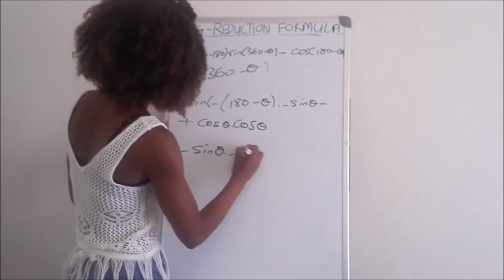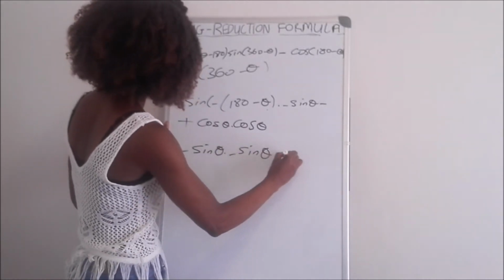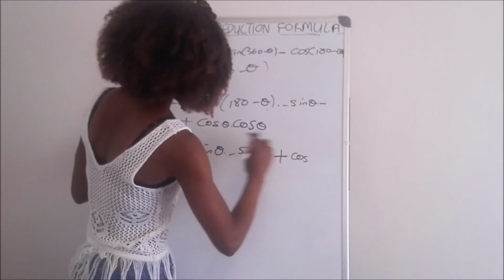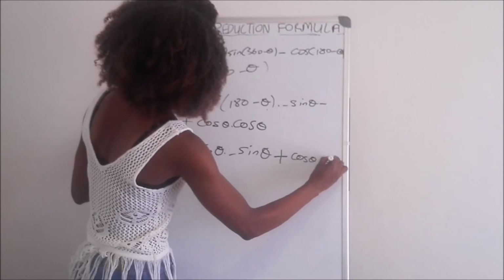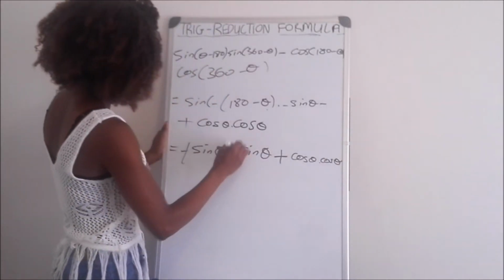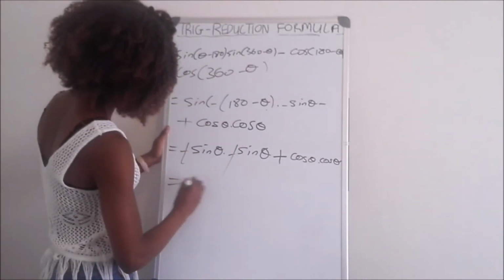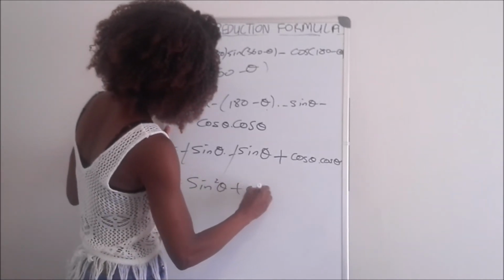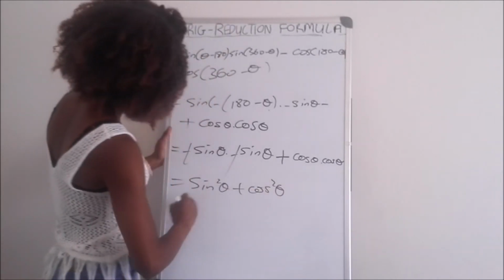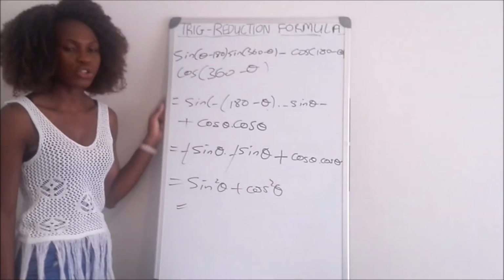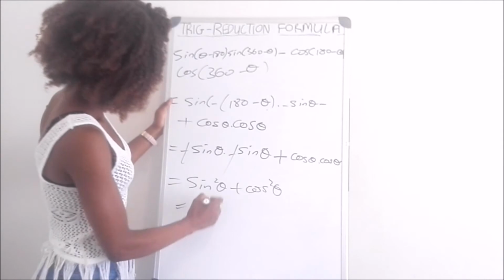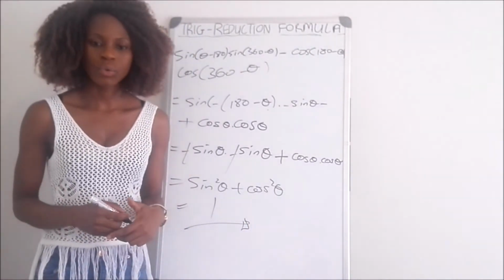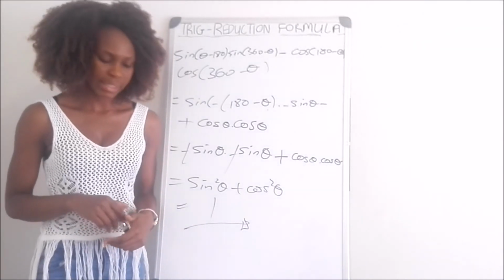And then this multiplied by sine theta, minus, actually plus cos theta multiplied by cos theta. So this and this will multiply out and we'll be left with negative sine squared theta plus cos squared theta, of which we know that sine squared theta plus cos squared theta is an identity, which is equal to 1, according to trigonometric identities.